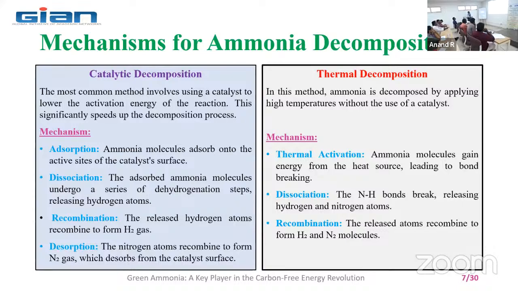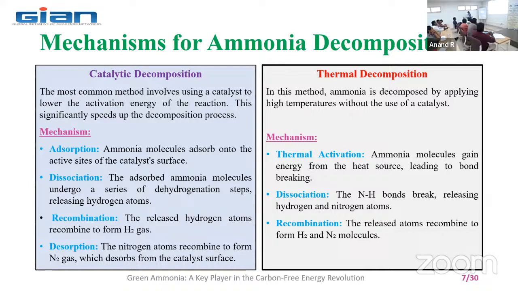In the catalytic part, the most common method involves using a catalyst to lower the activation energy. Suppose we are providing around 1000 kilojoules of energy to attain a particular temperature of 700 to 800 degrees to break the ammonia. By going for the catalytic way of decomposition, the process finds a different pathway.